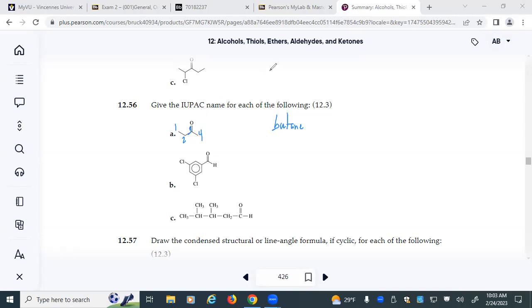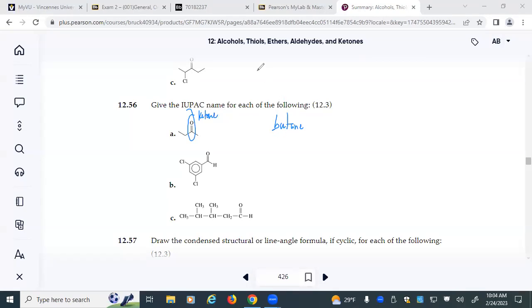But I also can recognize that I've got this carbonyl group here, this functional group, which, since it's not at the end of the chain, we know that this is a ketone.